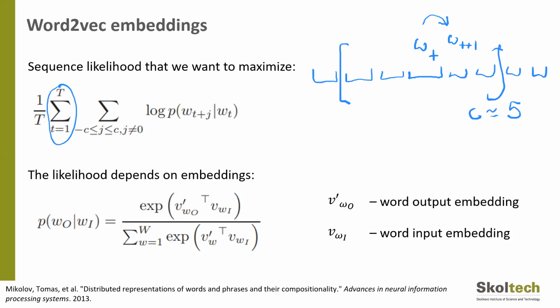And we say that right now we want to estimate this likelihood using two embedding vectors. For each word we have two embeddings. The one with the prime is the output embedding, and the one without it is the input embedding. And we can calculate this conditional probability or conditional density as the softmax of the sum with respect to all words.